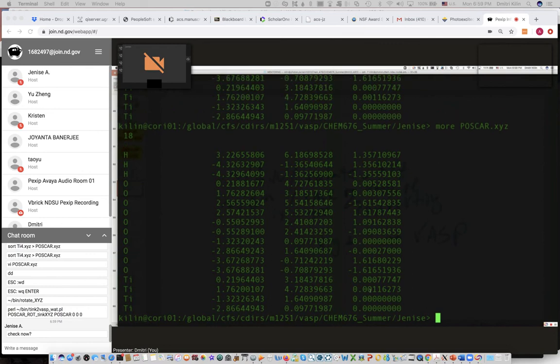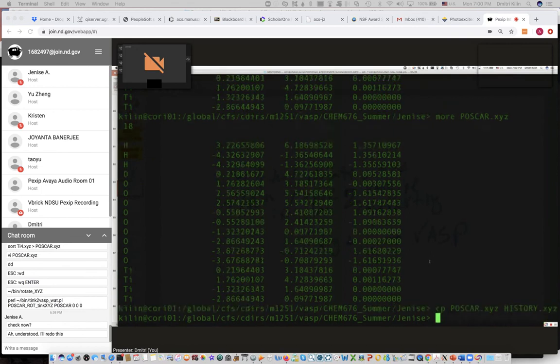But you did delete one hydrogen. One is needed. Right now the stoichiometry is distorted. So let's do it over. So as a history, I will copy this postcard.xyz as history.xyz, and now I remove this postcard.xyz and do it over.